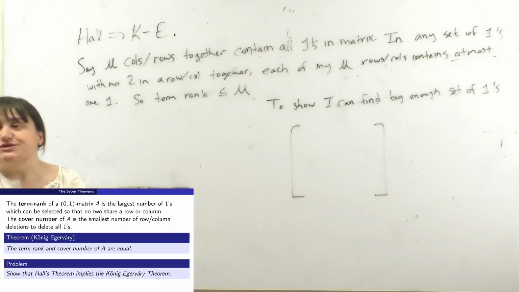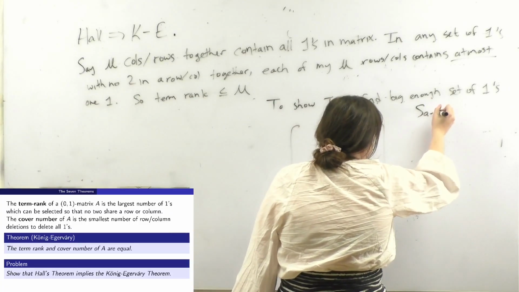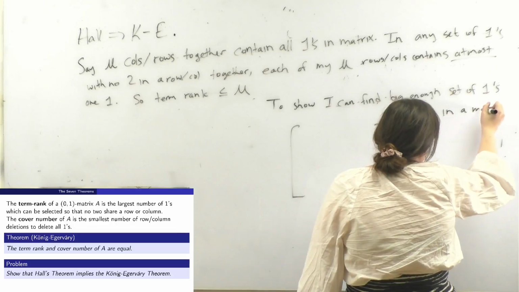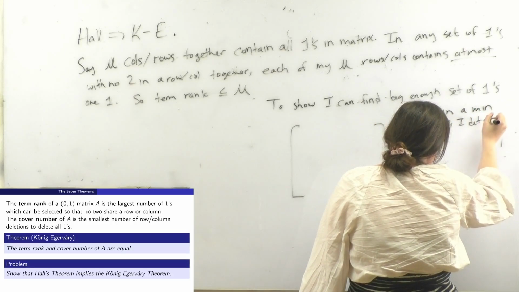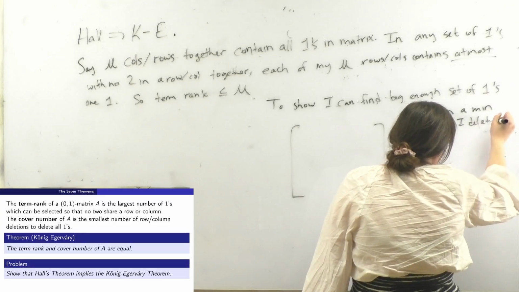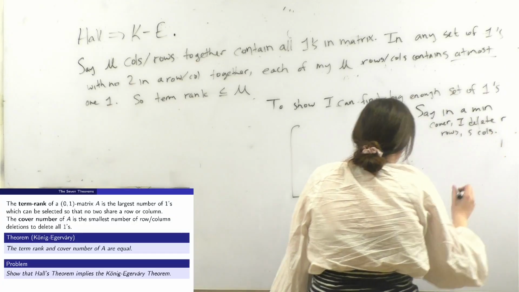So I'm just going to assume that I've permuted my rows and columns if necessary, so that, say in a min cover, I delete R rows and S columns.